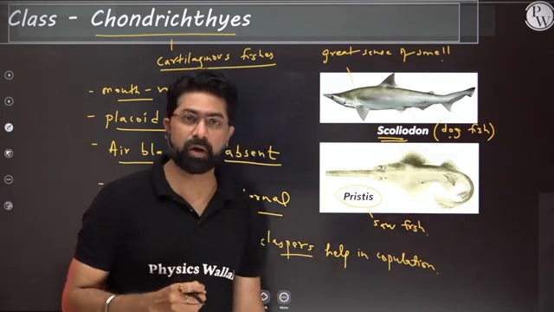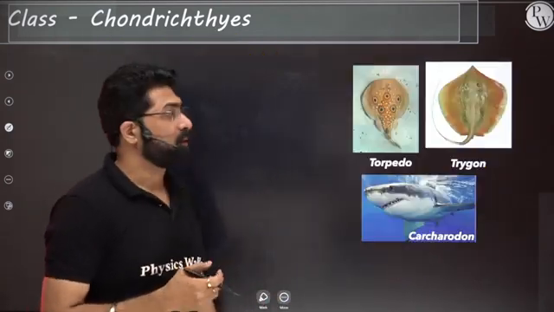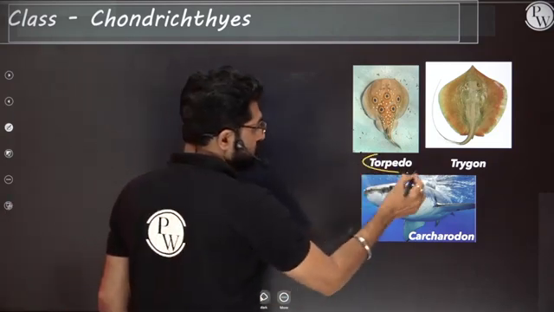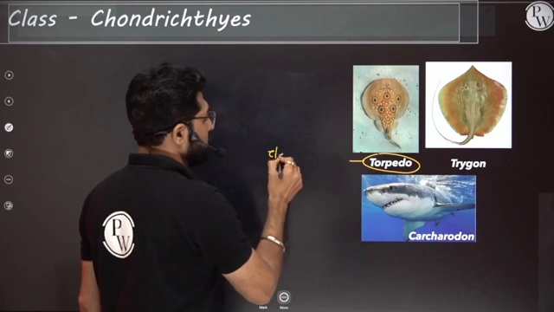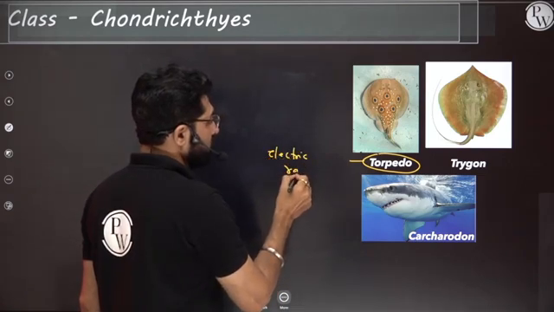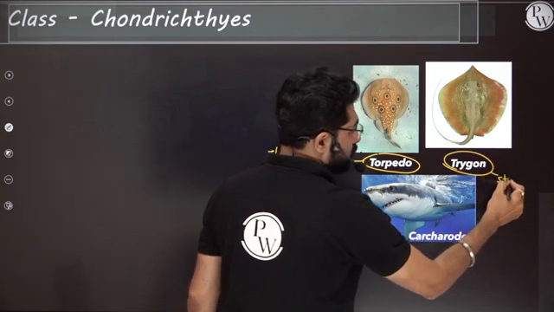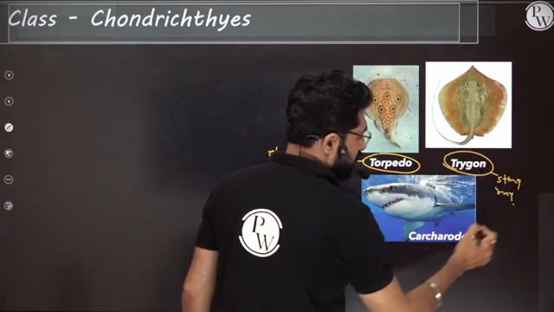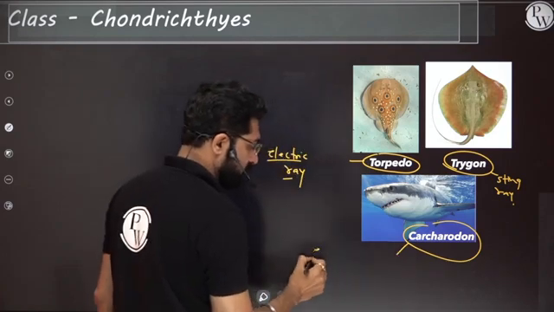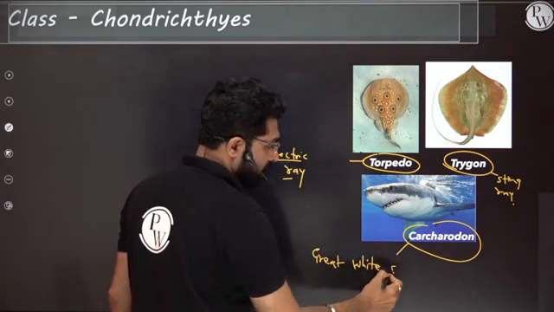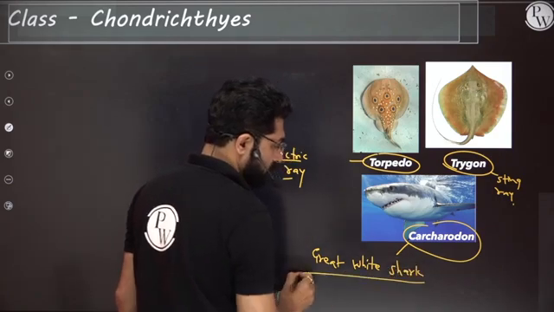A few more Chondrichthyes: Torpedo is the electric ray, Trygon is stingray, and Carcharodon is the great white shark. Please write down the common names also.